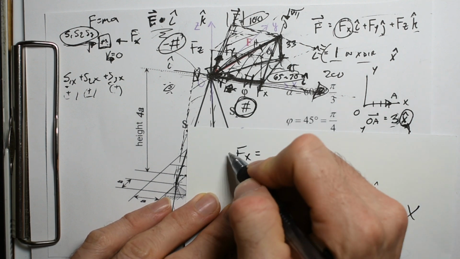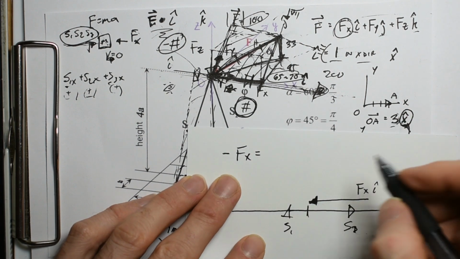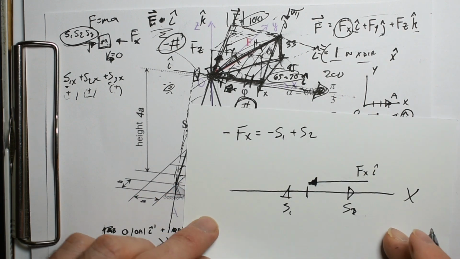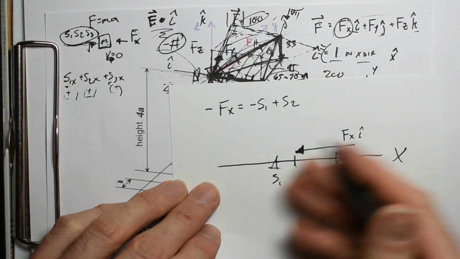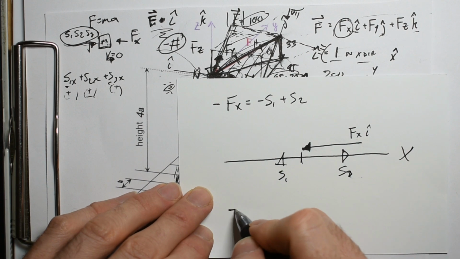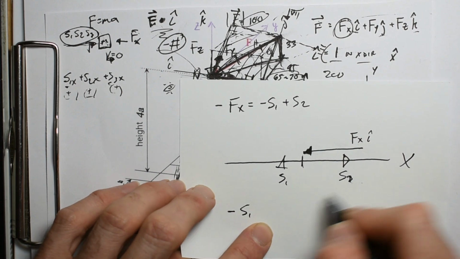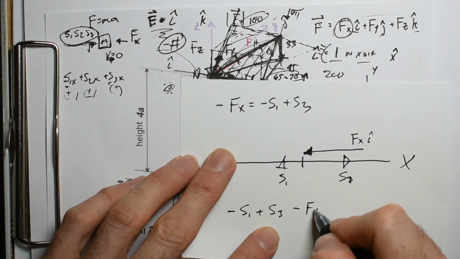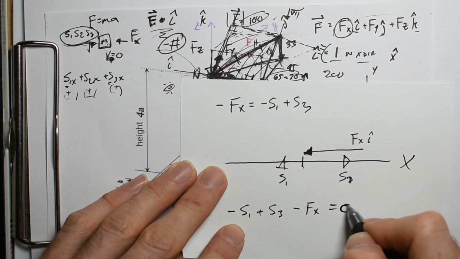So I would say negative f of x is equal to negative S1 plus S3. Or if you just wanted to say the sum of the forces equal to 0, I would have negative S1 plus S3, and then minus f of x is equal to 0.